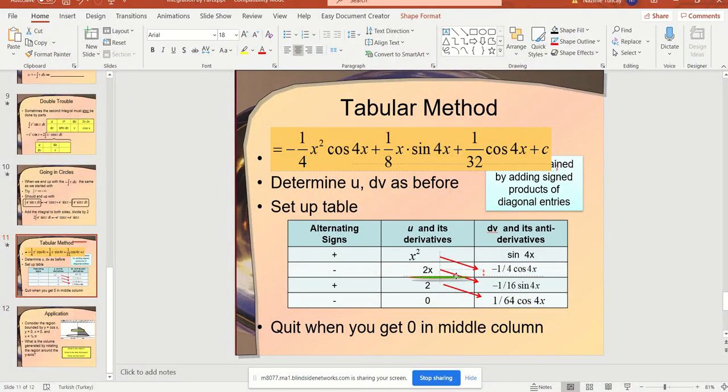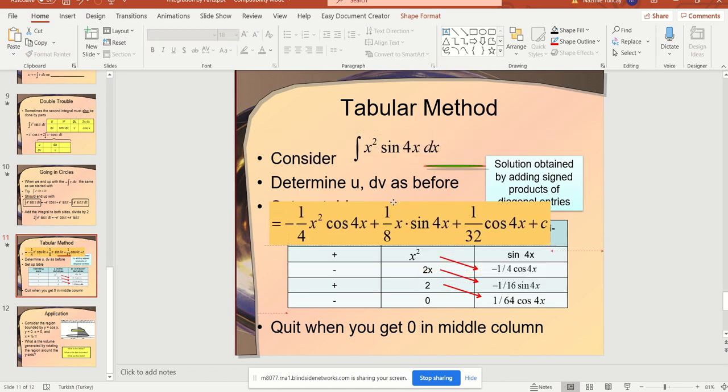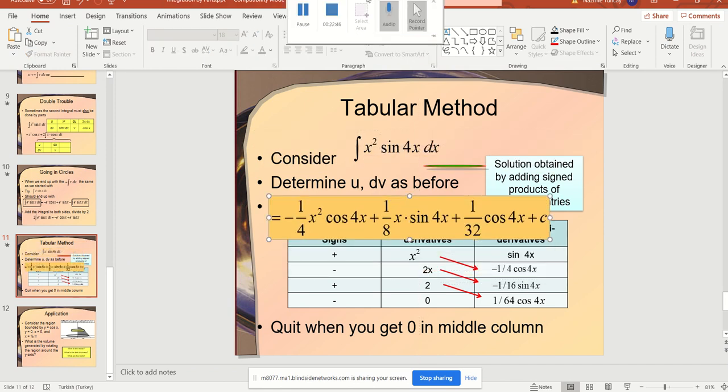Then I have 2x and minus 1 over 16 sin 4x, but I have to multiply with minus, and minus times minus becomes plus. So I always use the signs here. Now the sign is plus, and I multiply 2 by 1 over 64 cosine 4x, and I get it like this. So this is my result of the equation here.